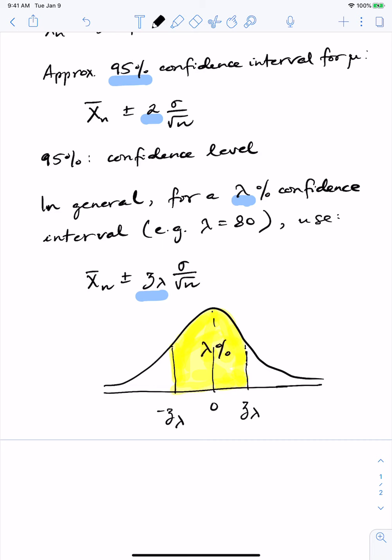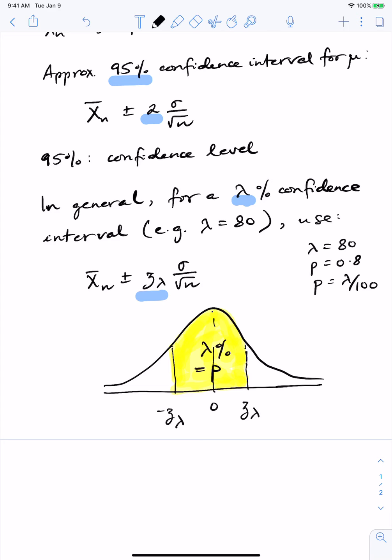So 80%. And that is a proportion p, so lambda equals 80 means p equals 0.8. That's what I mean by proportion. So p is lambda divided by 100. You'll often see factors of 100 floating around when you read theory about confidence intervals.